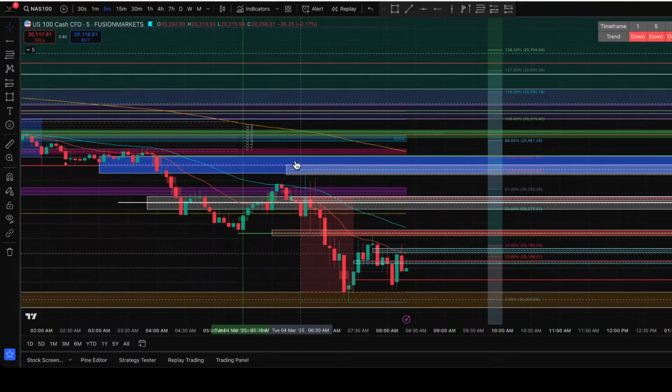And then alternatively, if we had swept up first, tapped the blue zone, that would have been the manipulation, and I would have taken that past the purple zone all the way through the drop. But they played both sides. That is true manipulation. Looks like we're finally getting this drop.